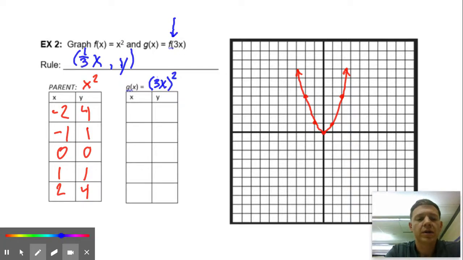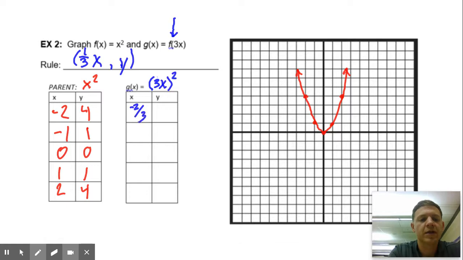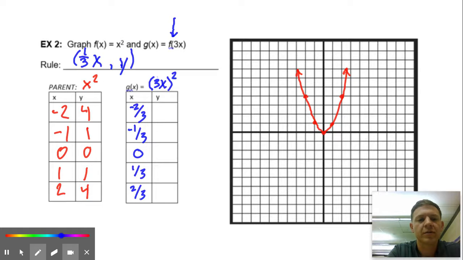An easy way to fill in the x's, when multiplying by a fraction, especially if there's a 1 on top, is to go, well, -2 times a third is -2/3. -1 times a third is -1/3. 0 times a third is still 0. 1 times a third is a third. And 2 times a third is 2/3. And of course, the y's stay the same according to our rule. So 4, 1, 0, 1, 4.